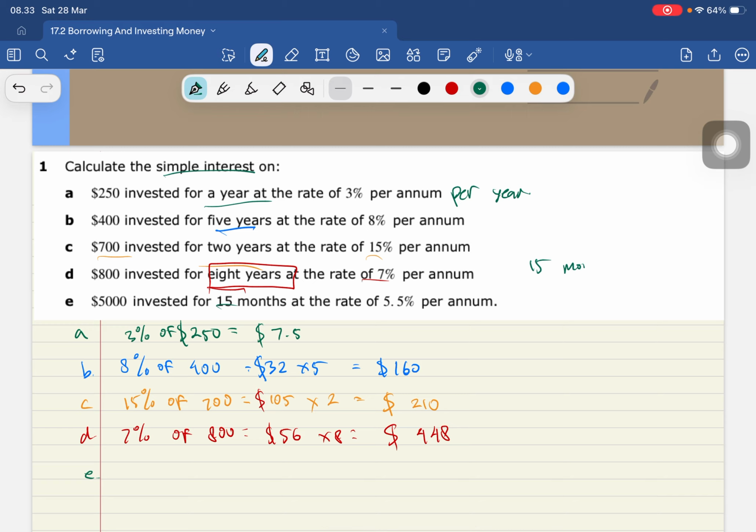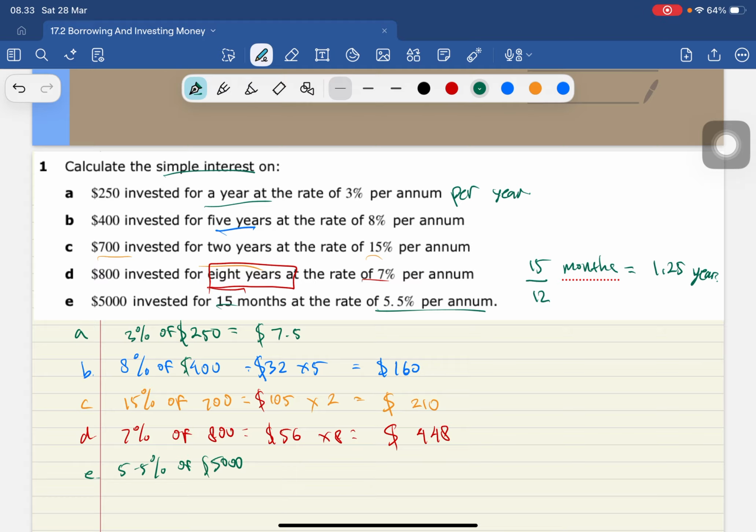E, okay, we have 15 months. Here the rate is per year, and 1 year has 12 months. So we divide 15 by 12, which is equal to 1.25 years. We can make it 5.5% of $5,000.